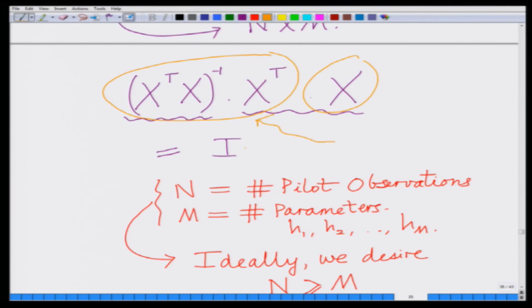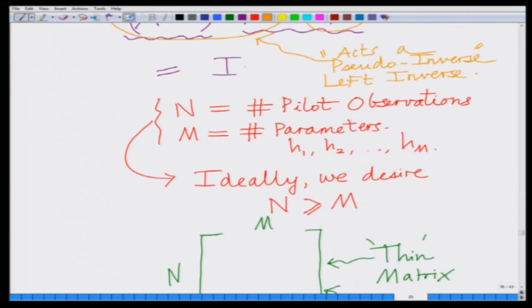So, this matrix acts as a pseudo inverse. It is not an inverse, but acts as an inverse, and is known as a pseudo inverse, also known as the left inverse of X, because when this matrix multiplies X on the left, you get the identity. So, let us summarize that.